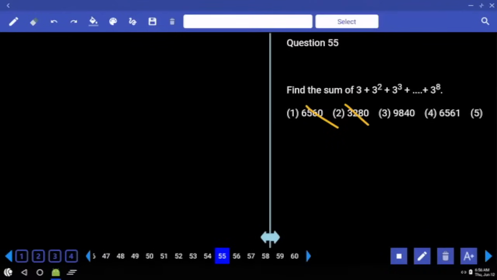When you are taking powers of 3, whether it is 3, 3 square, 3 cube, 3 power 4, are you getting even numbers or odd numbers? Sum of 2 odd numbers is? Sum of 3 odd numbers? How many such numbers are here?